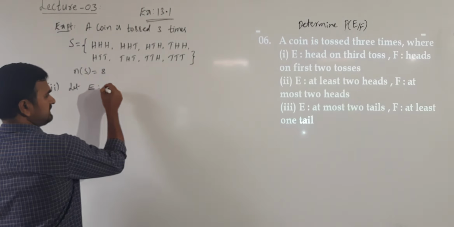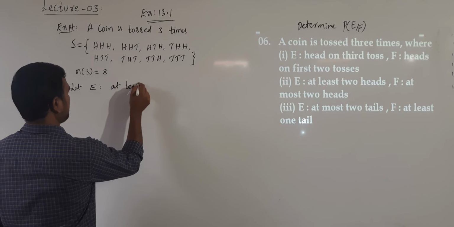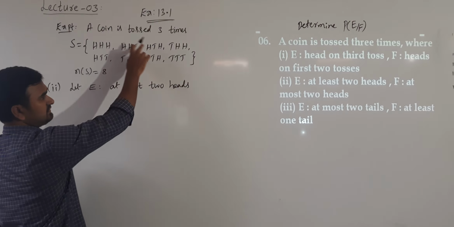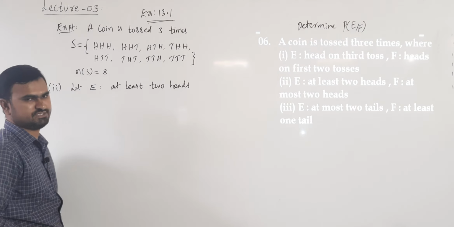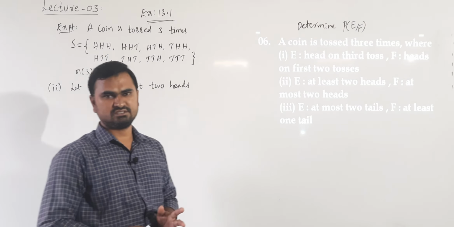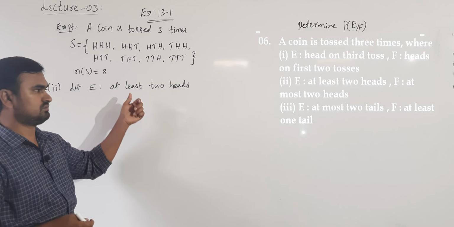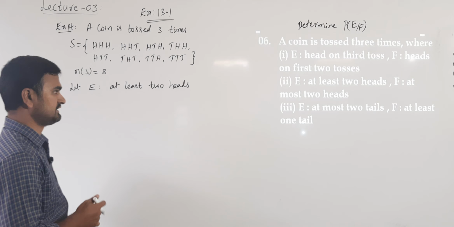Now E is the event here, at least 2 heads. E is the event of getting at least 2 heads. So out of these outcomes, we need at least 2 heads. So at least 2 heads means 2 or more, including 2. So at least 2 heads, we can get 2 heads or more number of heads.